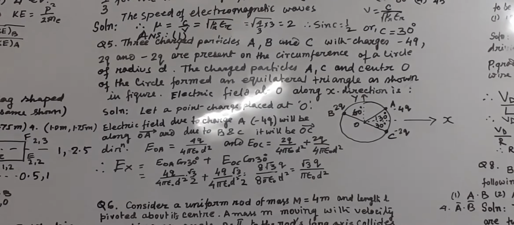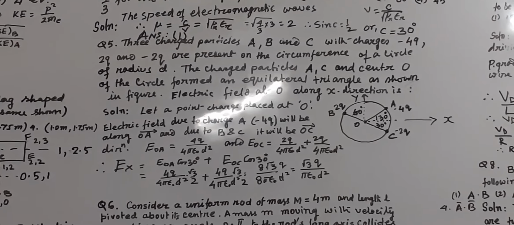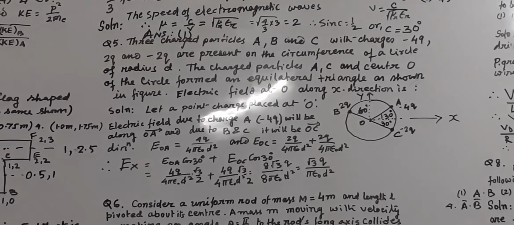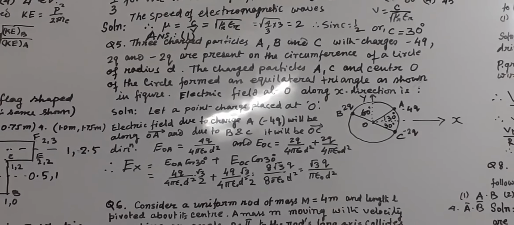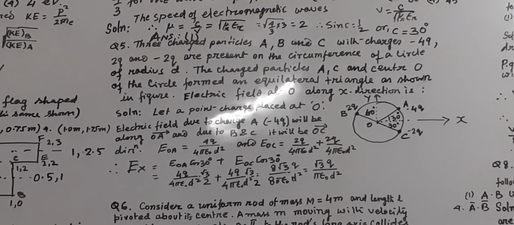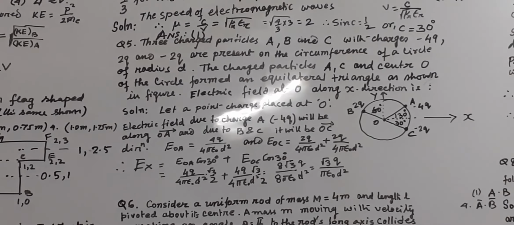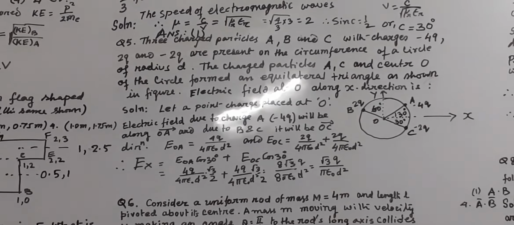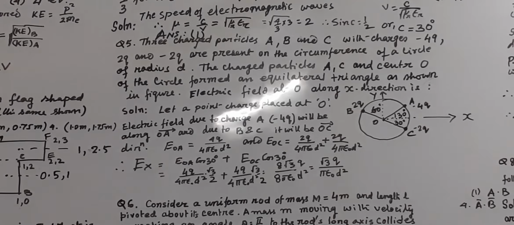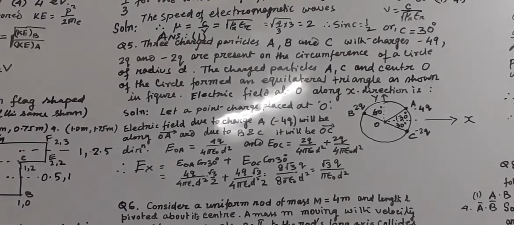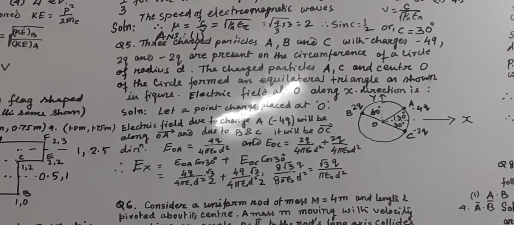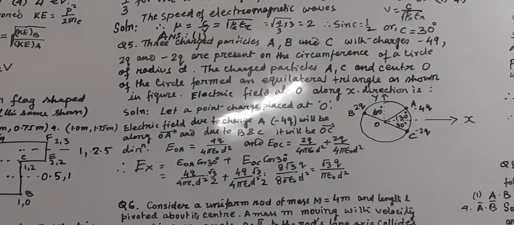Electric field at O along x axis direction is, we have to derive it. Now in the solution, let a point charge be placed at O. Now electric field due to charge A, that is minus 4q, will be along direction OA, and due to B and C it will be along the direction OC.